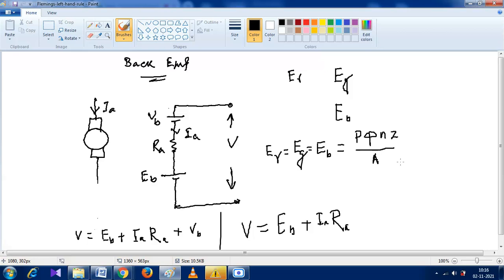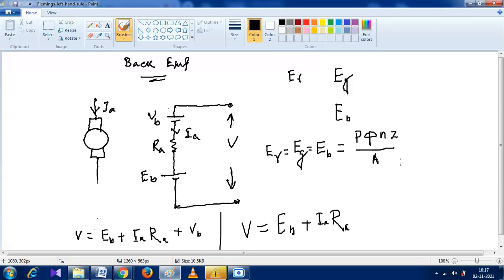Ayush, Manish, Khushbu. Ayush, can you tell me what is back EMF? The opposing EMF, sir. The opposing EMF, first start from the motoring operation, then say that EMF is opposing the supply voltage.